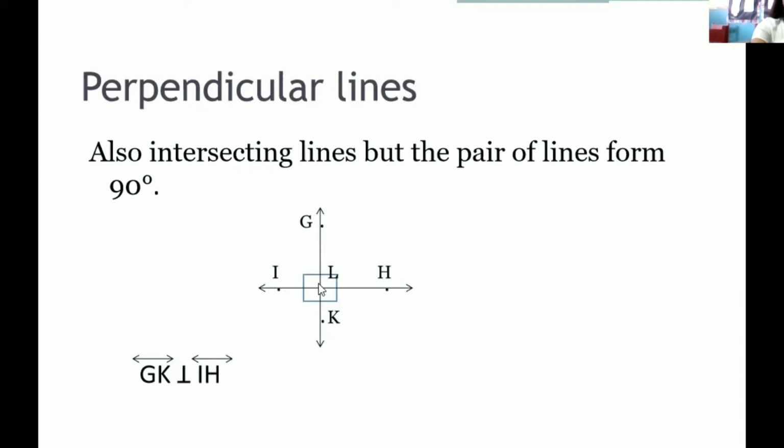The point of intersection is point L. The intersection of the two lines forms right angles, right? This is the sign for a right angle, a square. So line JK and line IH are perpendicular to each other.